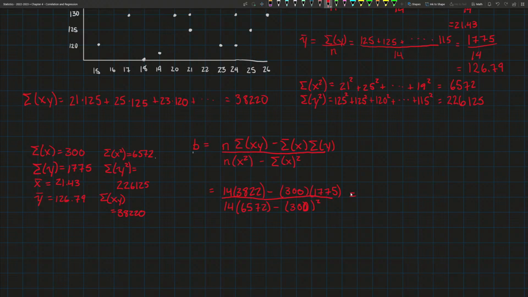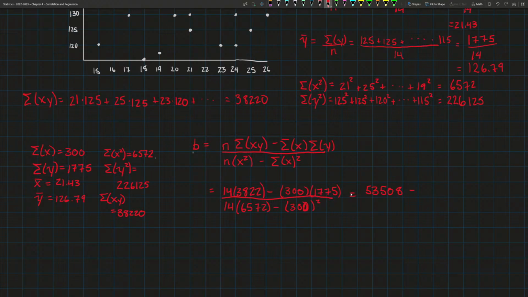Okay, so 14, and I'm going to do this kind of step by step so we can check ourselves as we do this. So 14 times 3822, that's 53,508, minus 300 times 1775.